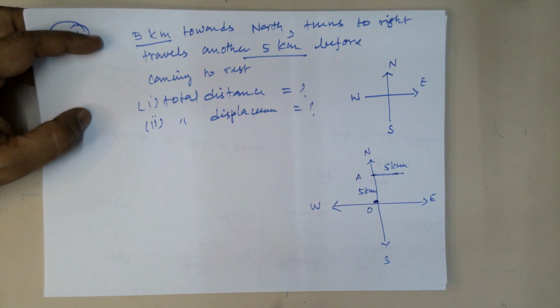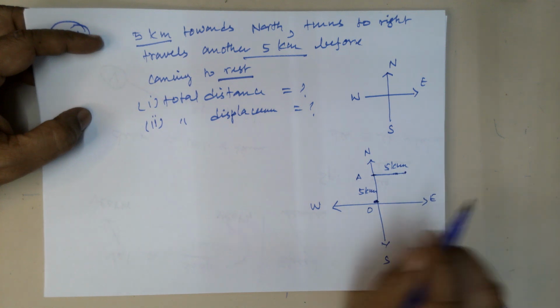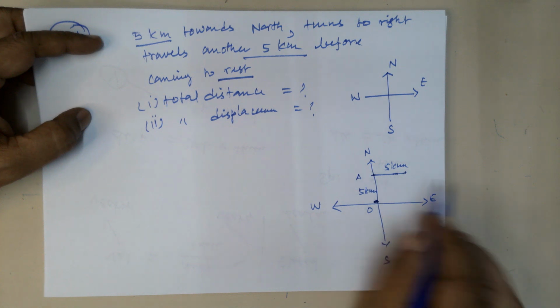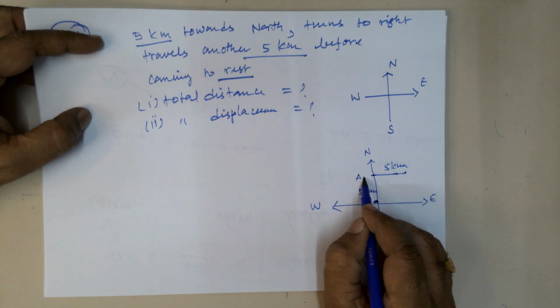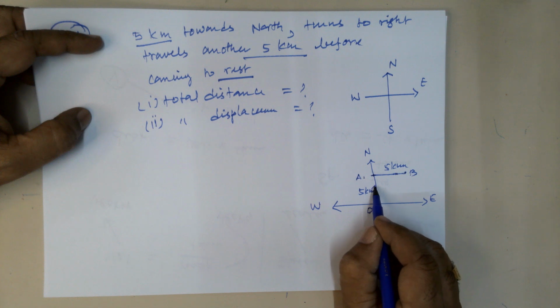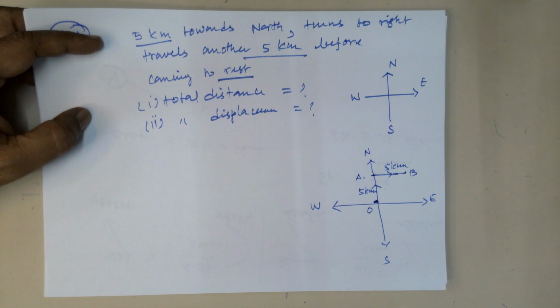Okay, and before coming to rest, he did not move further. Are you able to follow? No further movement. He has stopped. So he has started from O to A and then to B. So he starts like this, OA and AB. This is the direction. Are you able to follow?